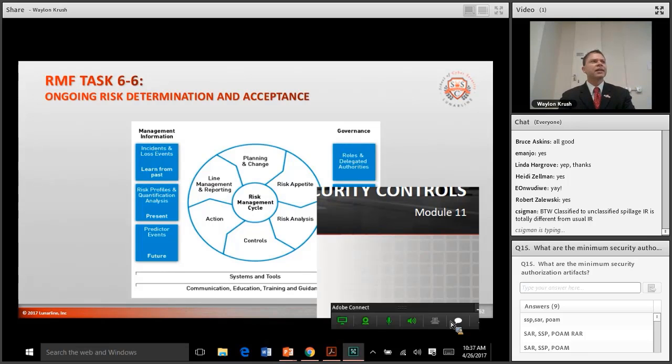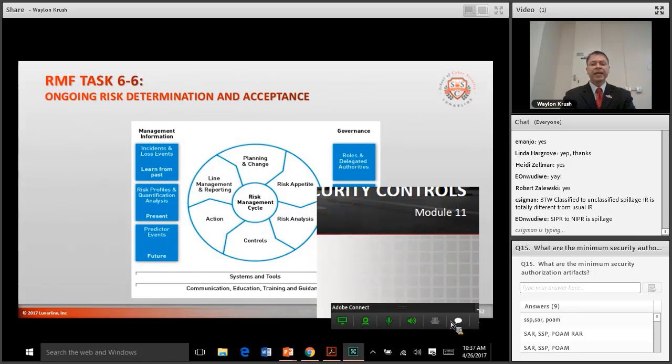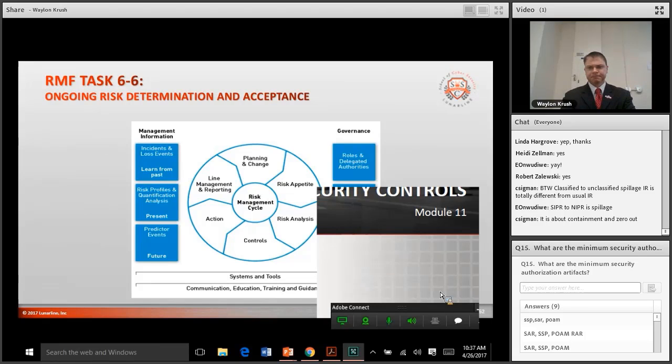But if you do it in a classified environment, they will zeroize all affected components, and they will validate independently that the zeroization has happened. So it's a bigger pain, and it can be very expensive, especially if you hit a lot of systems with that spillage. Yep, it's about containment and zero out.